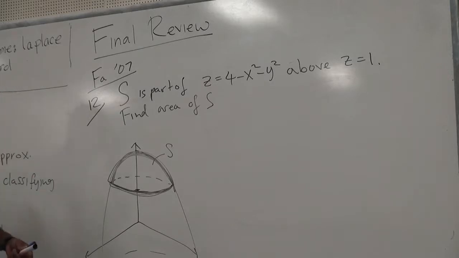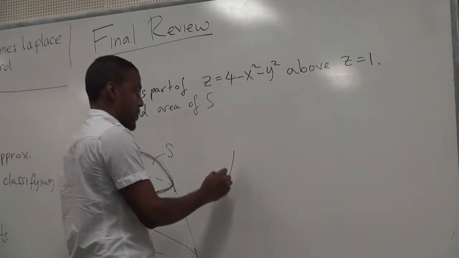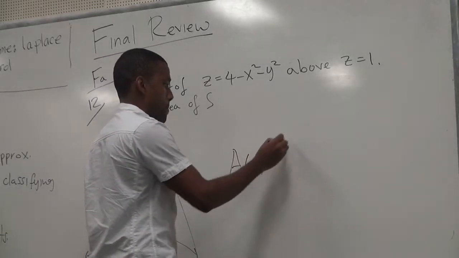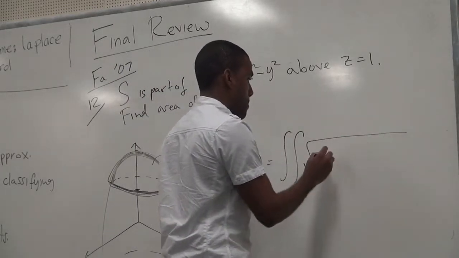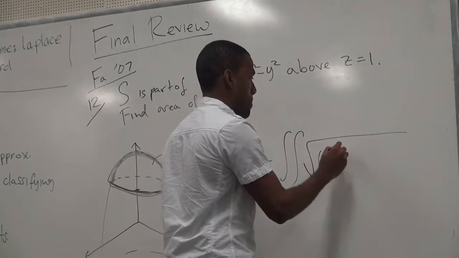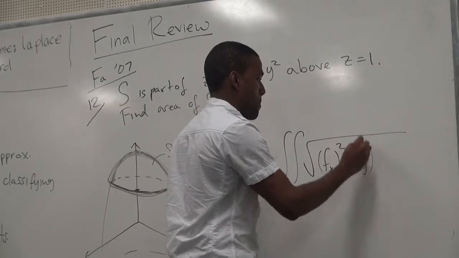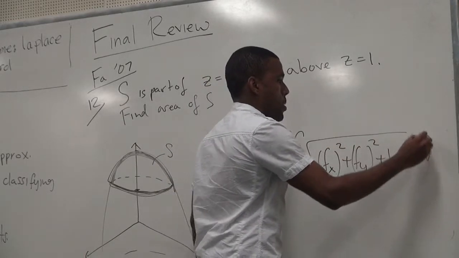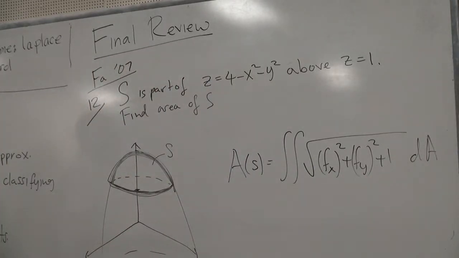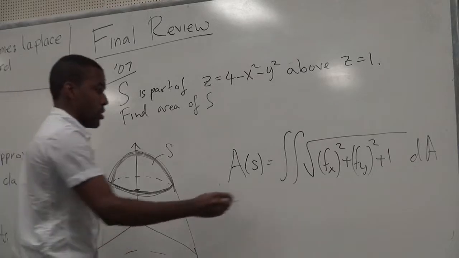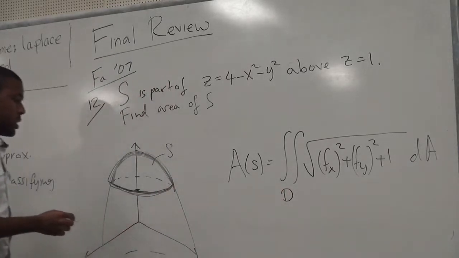So what's the formula for area? It's a double integral of the square root of partial of x squared plus partial of y squared plus 1. Integral over what? D. Where's D here?